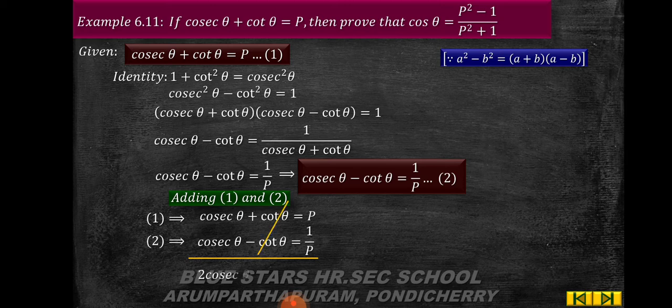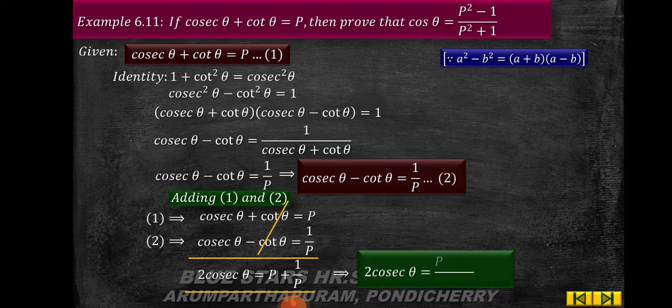You get 2 cosecant theta is equal to P plus 1 by P, which implies 2 cosecant theta is equal to P square plus 1 divided by P, which is equation number 3.